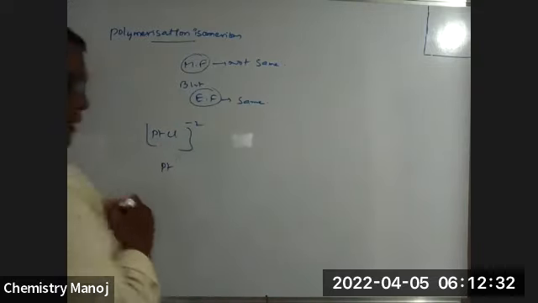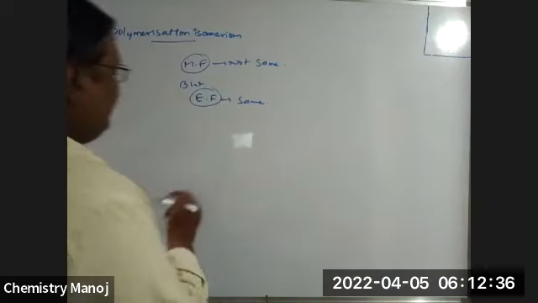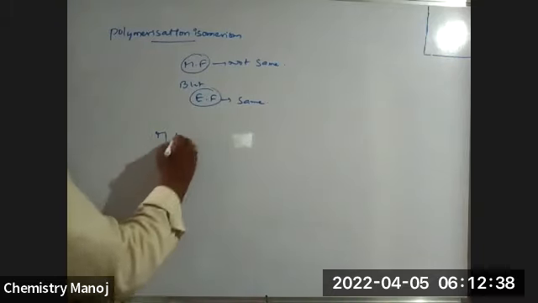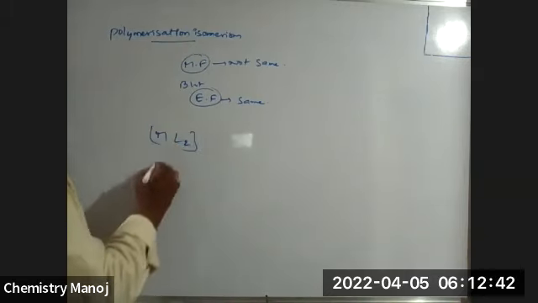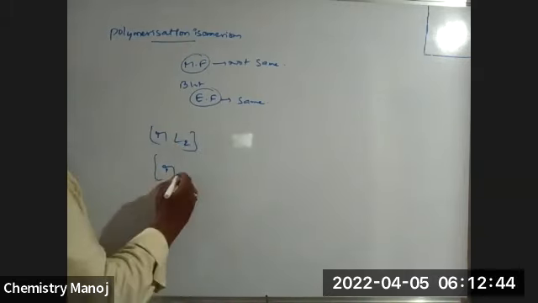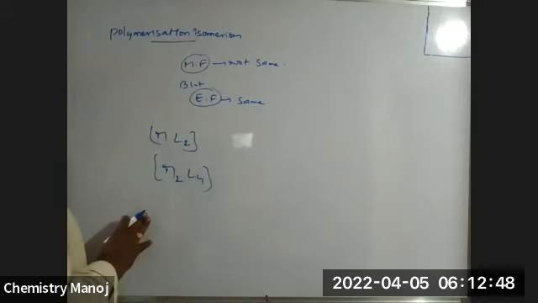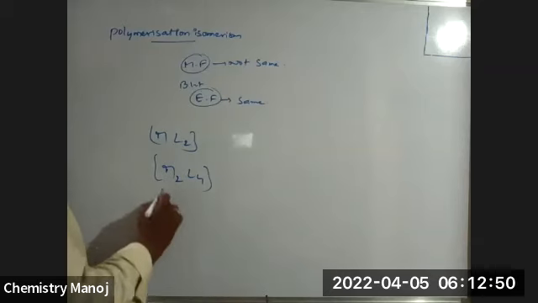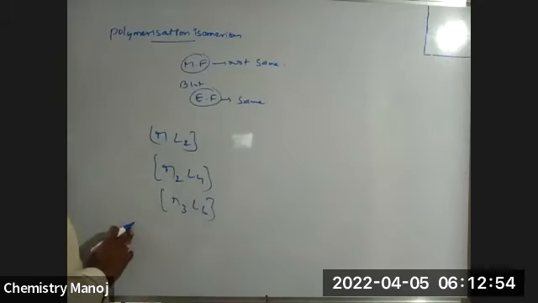It is better to take a general example, my dear, not an exact example. So there is a metal with ligands, my dear. With 2 ligands, a complex is there. Next, the same metal, M2L4, or M3L6 exist. Clear?